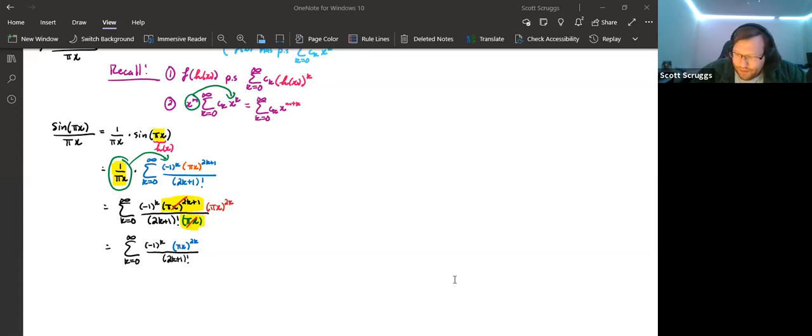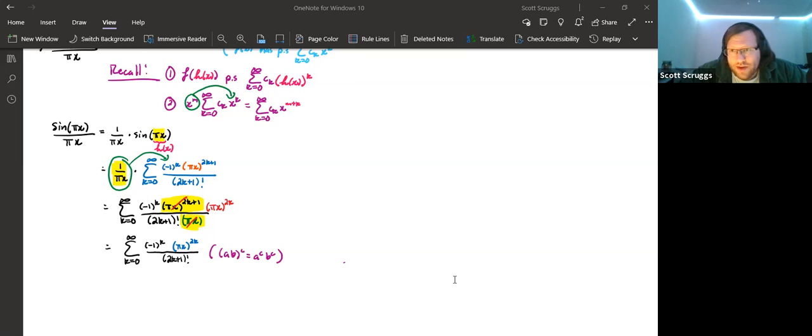And the simplification I'm going to do is with that pi times x. Because inside that, what I wrote in blue, it's all under the exponent of 2k.